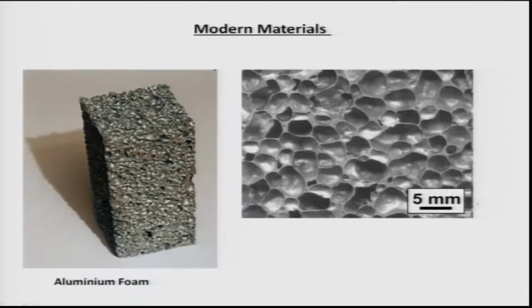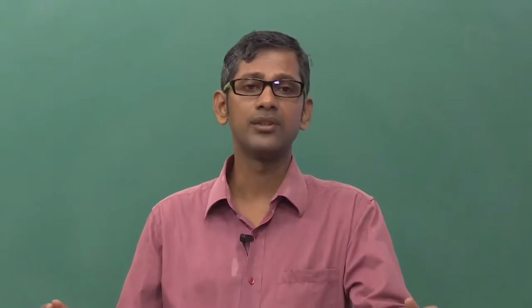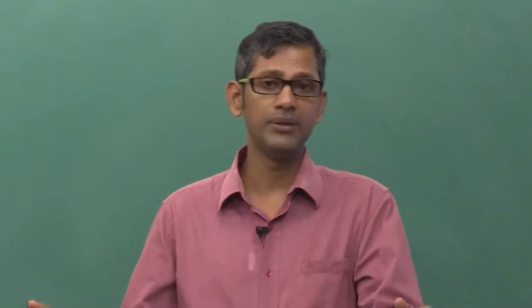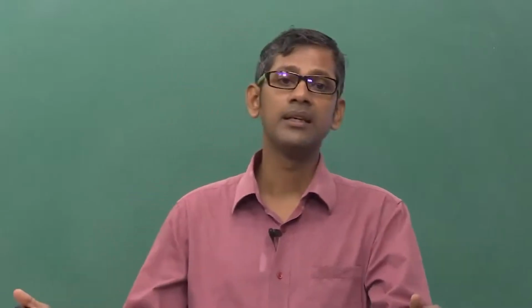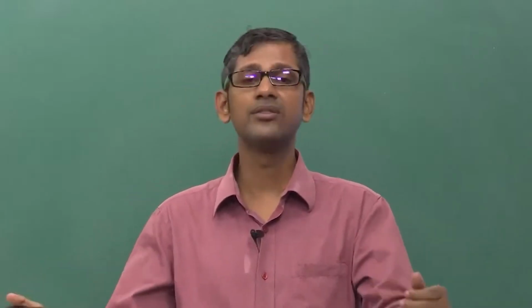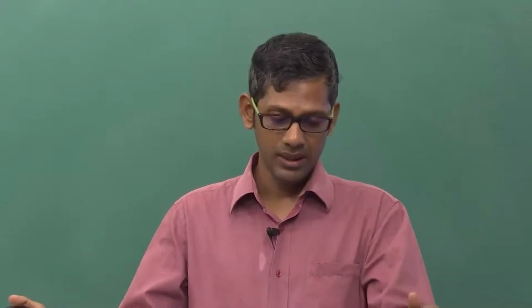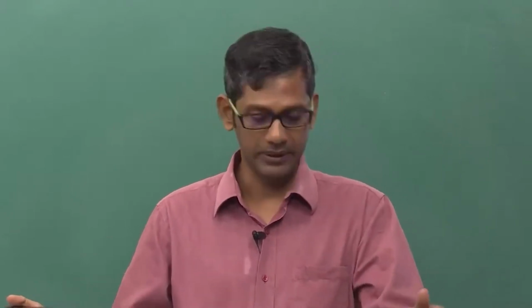Okay, nowadays people are all talking about metallic foams. Foams are very important industrially because foams are used as a shock absorber in cars or even in defense applications where you need ballistic armor to protect from bullets. So foams are also made from liquid.